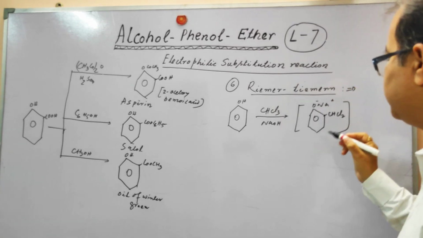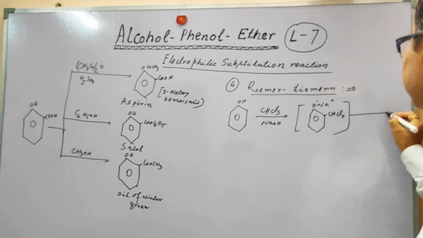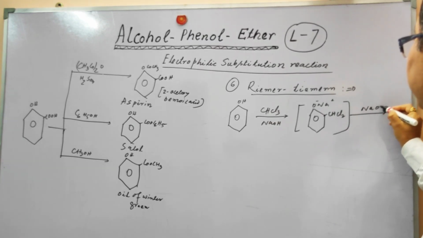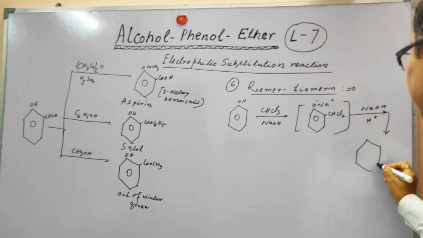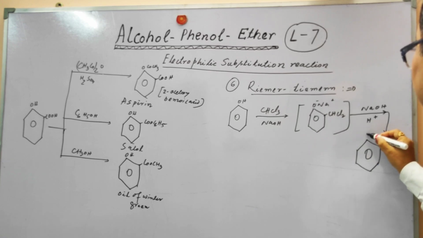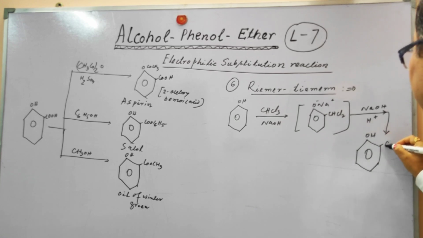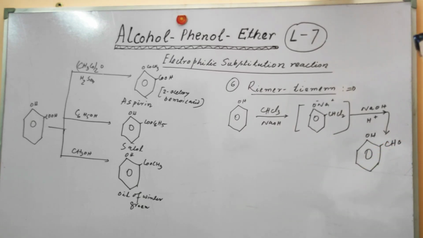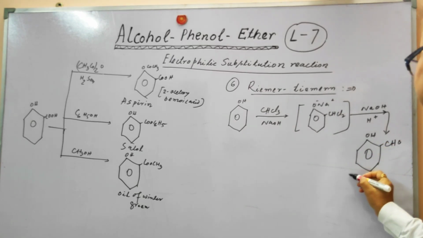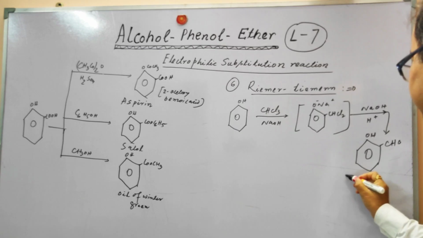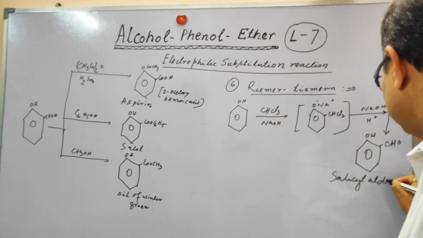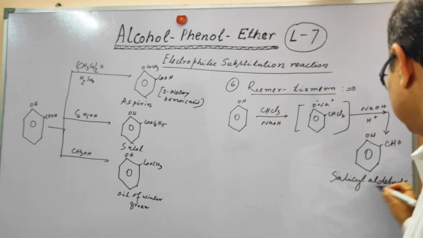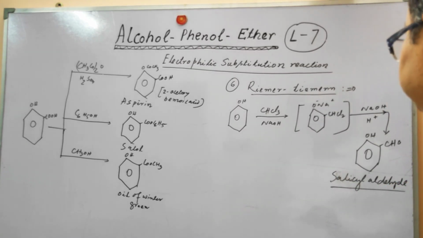This intermediate is called benzyl chloride, and when this is reacted again with NaOH and further hydrolysis is done, at that time we will get this product, salicylaldehyde. This is salicylaldehyde.